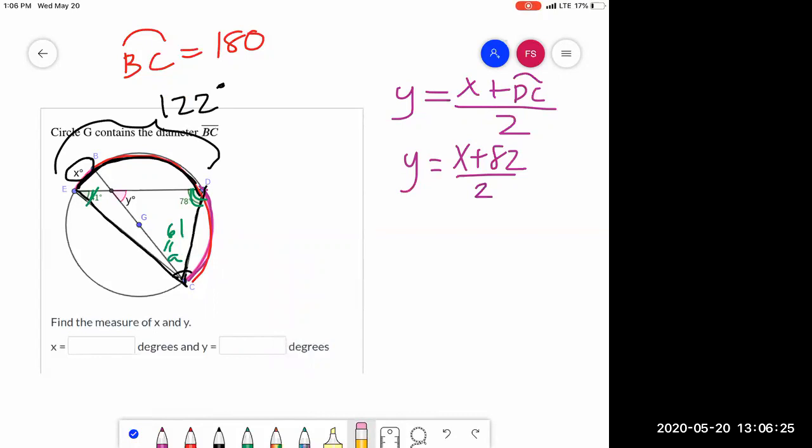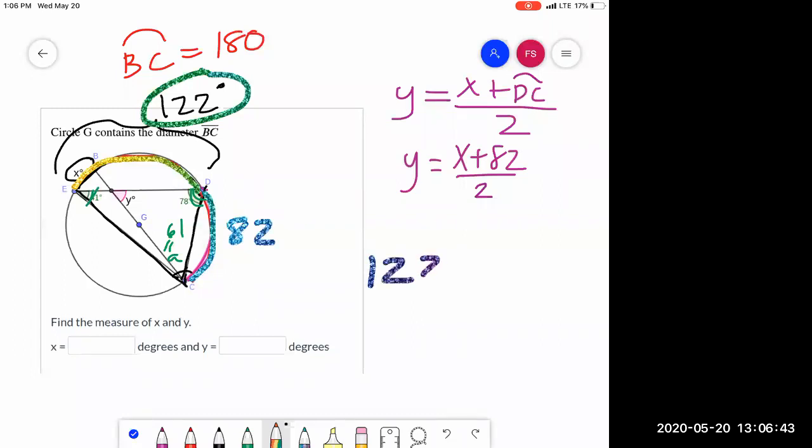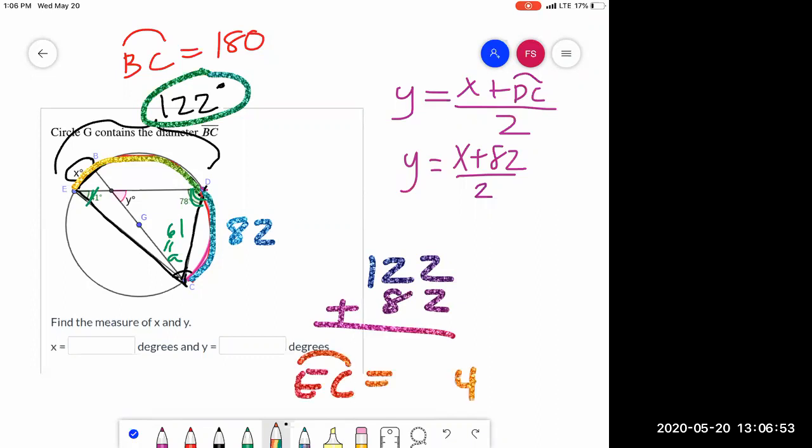So I know that this whole ED is 122. And I know that this DC is 82 degrees. So if I add those together, 122 and 82, I get that the whole EC part is going to be equal to 204 degrees.